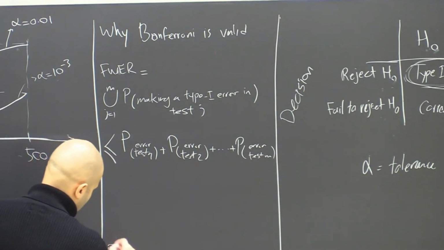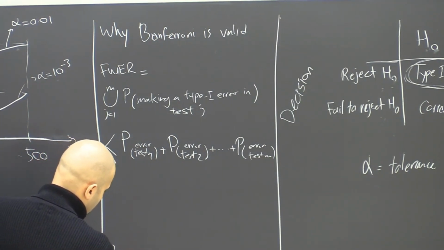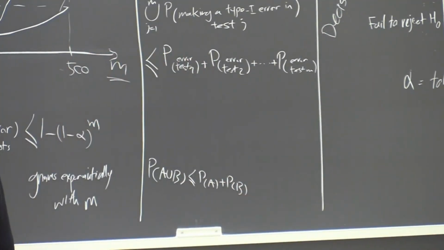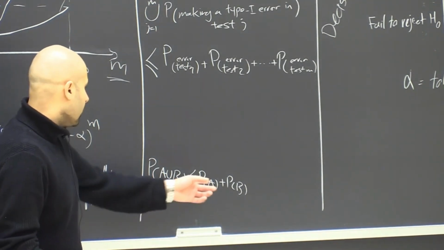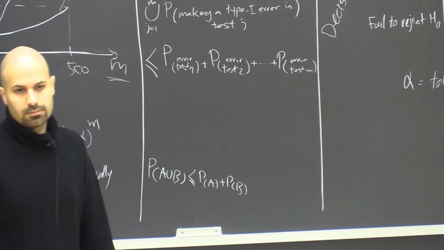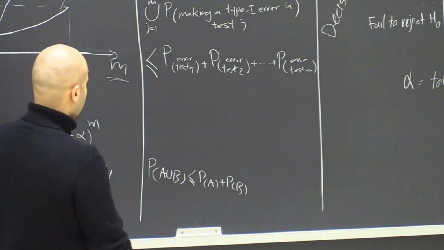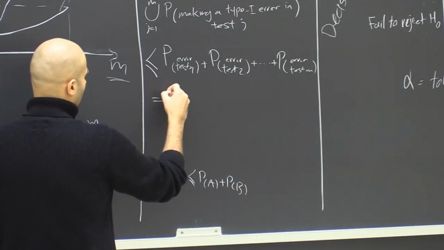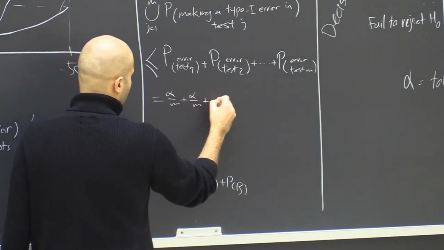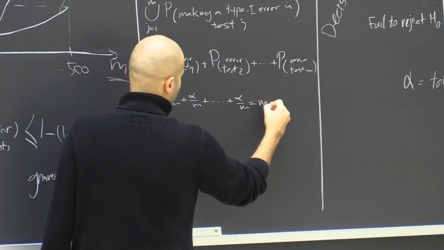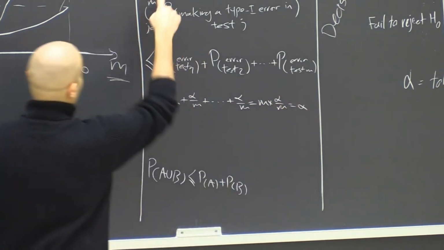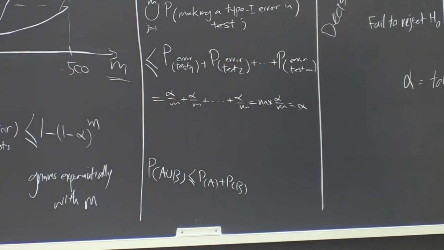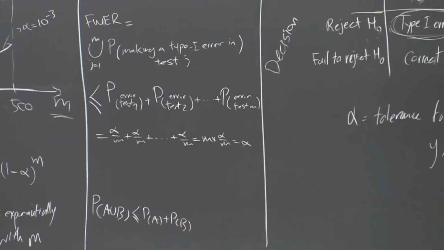In general, the probability of A union B is bounded by this, because if there is an intersection, we need to subtract the intersection. Now, if for each of these, instead of alpha we have alpha over m, this will be alpha over m, all the way to alpha over m, which is m times alpha over m, which is alpha. So the family-wise error rate is guaranteed to be less than or equal to alpha.